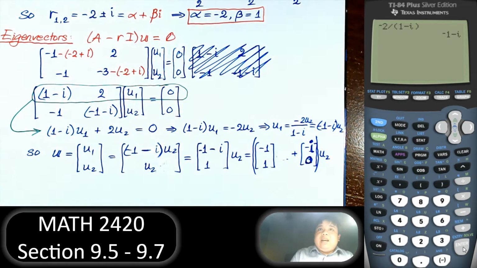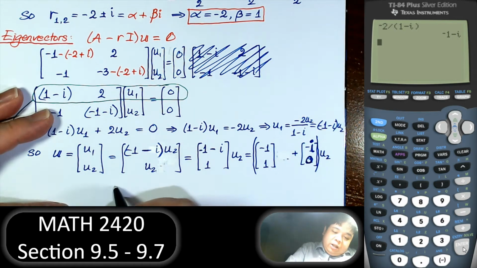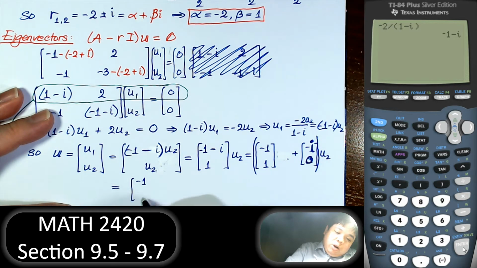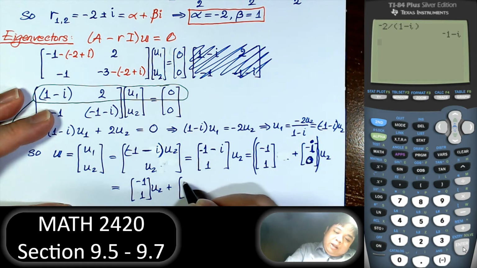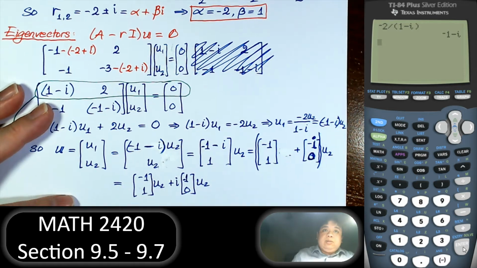It's better split like that. Split the real part and the imaginary part. So we have [-1, 1] times u2 plus [-1, 0] times i u2.